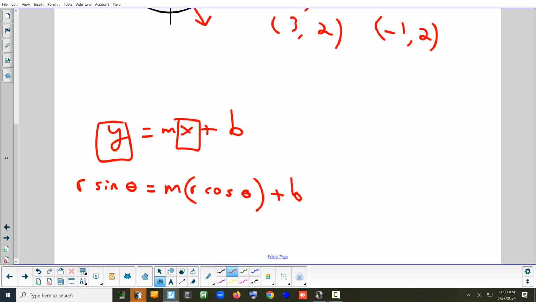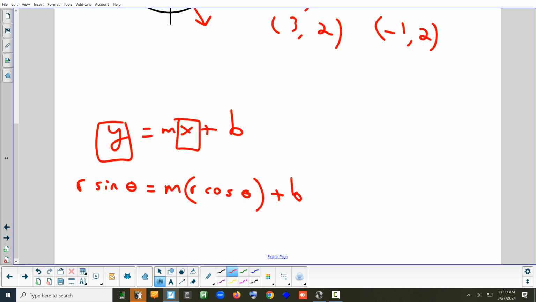And when we put the calculator in polar mode, what letter has to be by itself to graph it? Like in function mode, it has to be y equals. How about in polar? R equals.